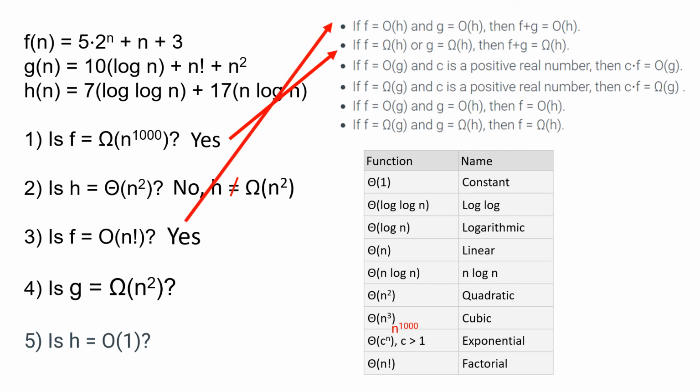Okay, third one: is f O of n factorial? So let's look at f. We've got three terms here, and we need to know that n factorial grows quicker than each of these terms, right?